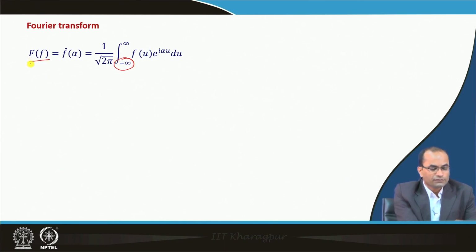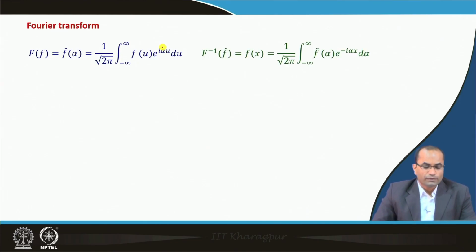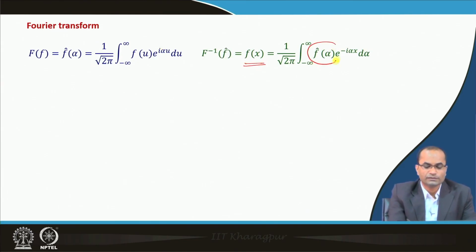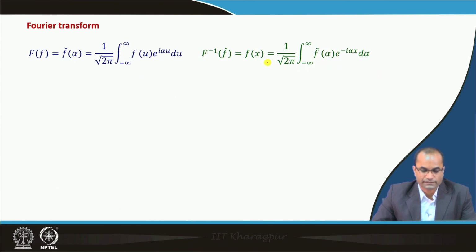The Fourier transform of a function f is defined by this improper integral, where you have the function and the exponential e to the power of plus i alpha u, and its counterpart, the inverse: if the Fourier transform is given, then we can use this improper integral to get back to f(x).